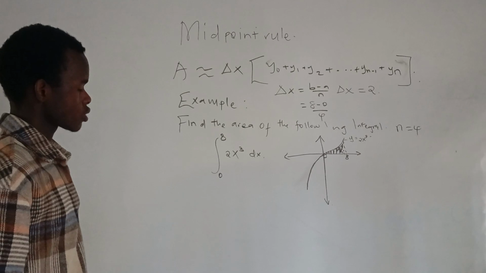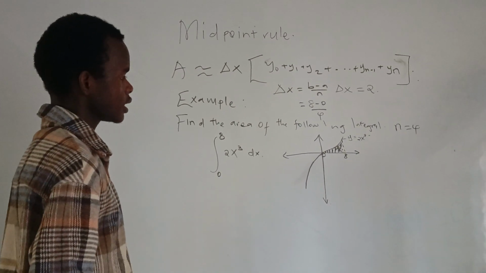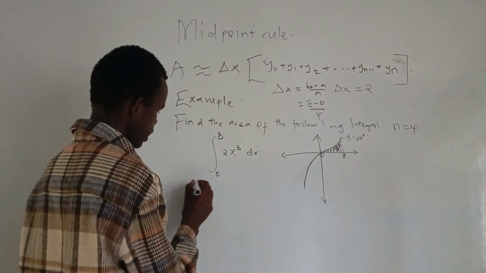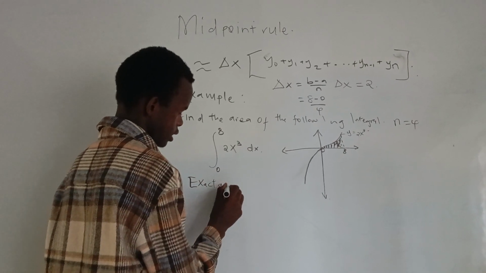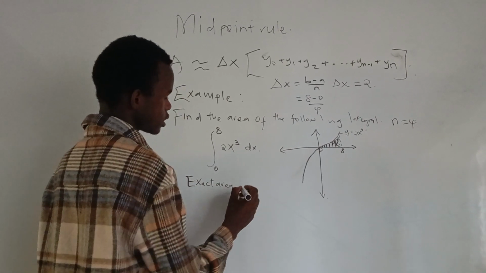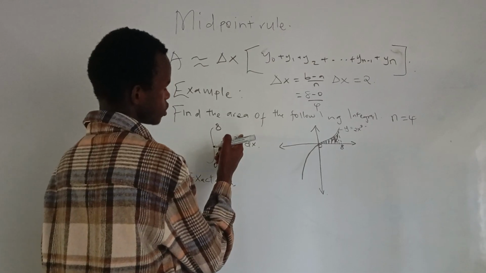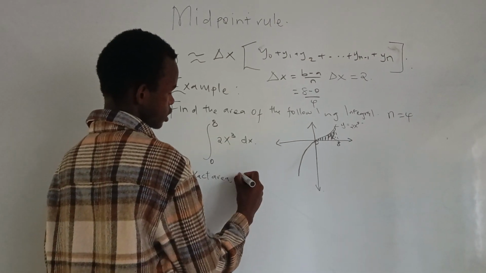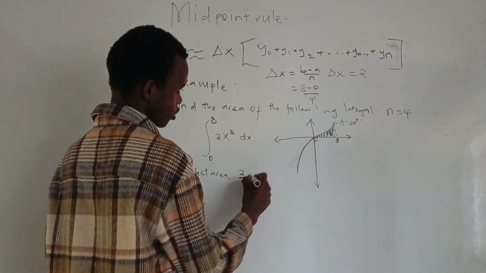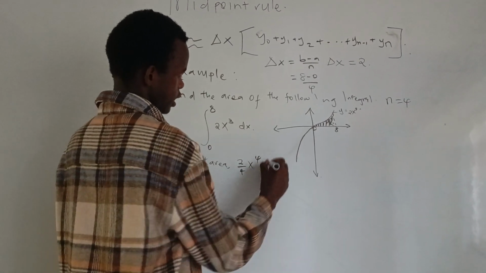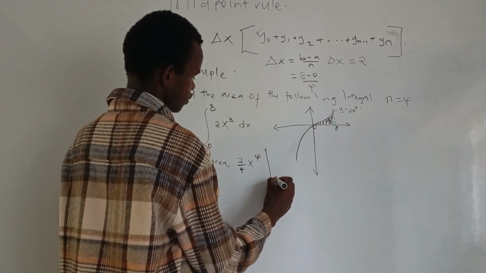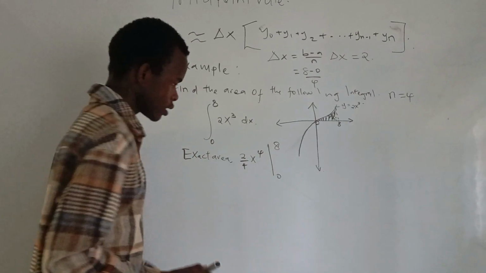From there, let's firstly compute the exact area. Integrating this, it will be 2 divided by 4 times x to the fourth, then placing the bounds from 0 to 8.